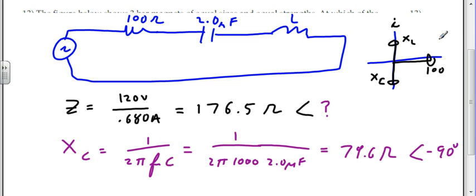So that means that X of L can't be 0. It's got to be bigger than that in order for the impedance to get up to 176. Okay, so that's the case.